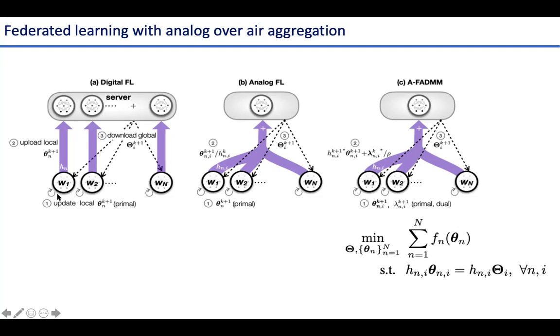Therefore, each worker needs to transmit B times the size of the model bits, and the energy and the power needed to ensure successful decoding of the bits at the server depends on the channel.